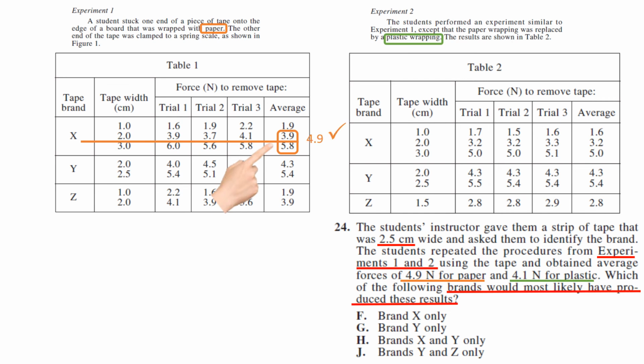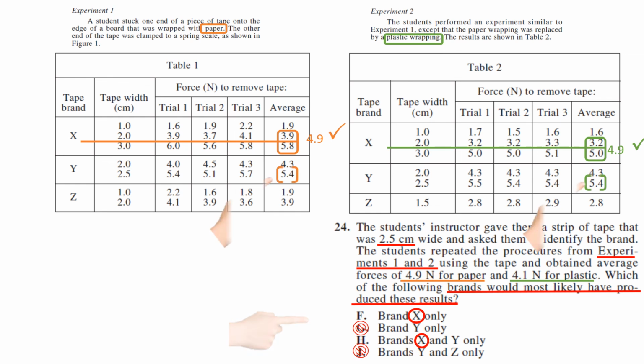So brand X would work for paper. Let's check the same thing in plastic. And again, 4.9 would work. So we know brand X will work. So we can eliminate choice G and J because they don't have brand X as a choice. Now we need to check brand Y. And brand Y has 2.5, and we see that is not in the range. 4.9 and 4.1 does not work, so we can eliminate choice H, and our only remaining choice is F.